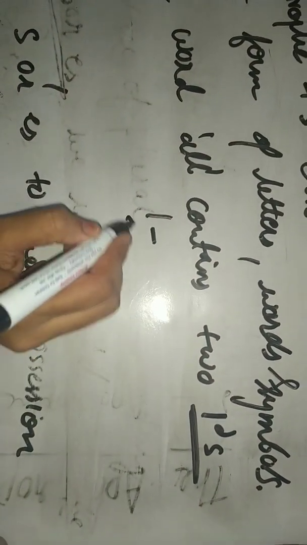Second point, I have told you that when a plural noun ends with s or es, we usually put the apostrophe after s or es. Third one, in case of a proper noun ending with s or es, we use the apostrophe and s after that. And also I have told you that it is not used in case of non-living things.